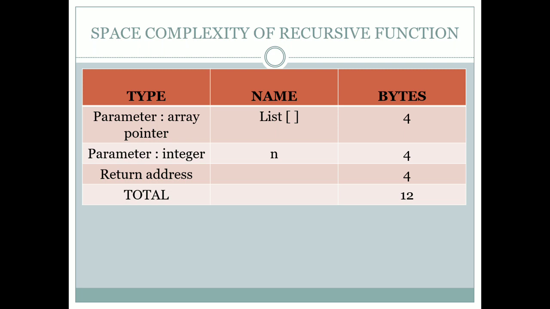Second is our integer n. n is of integer type, so it will also require 4 bytes. And the return address will also be of integer type, so it will also require 4 bytes. So our total requirement for space complexity will be 12.